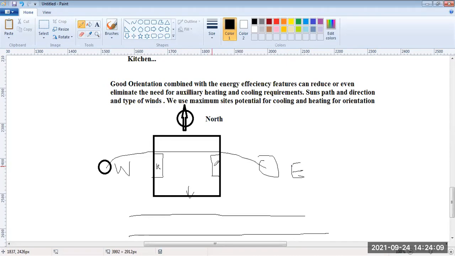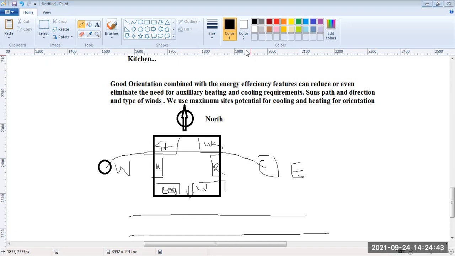So you would have kitchen spaces on this side, and you would want to have all your living rooms and bedrooms on the southern side. Then your storage spaces and washrooms can go towards the northern side.